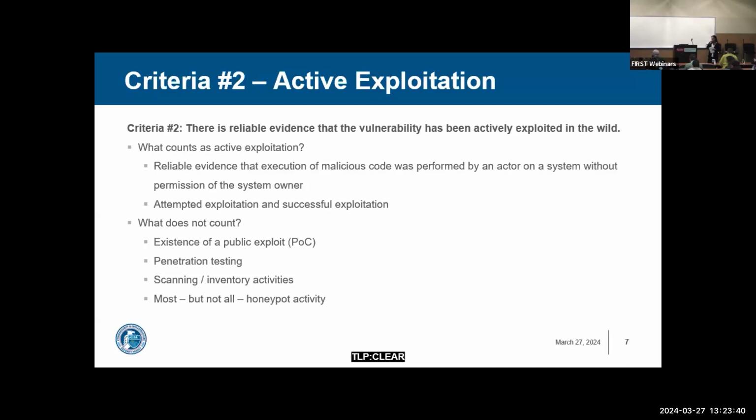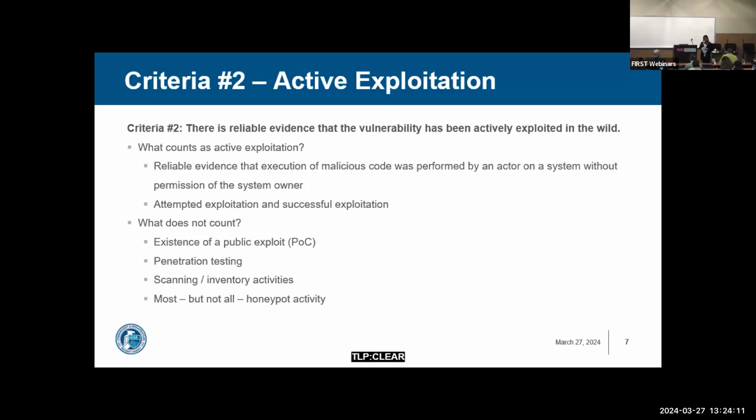Our criteria for active exploitation is high. I'm not saying that the criteria for active exploitation of anyone else is wrong or right. It's our criteria, and it's really high, because every time that we add something to the KEV, it's money.